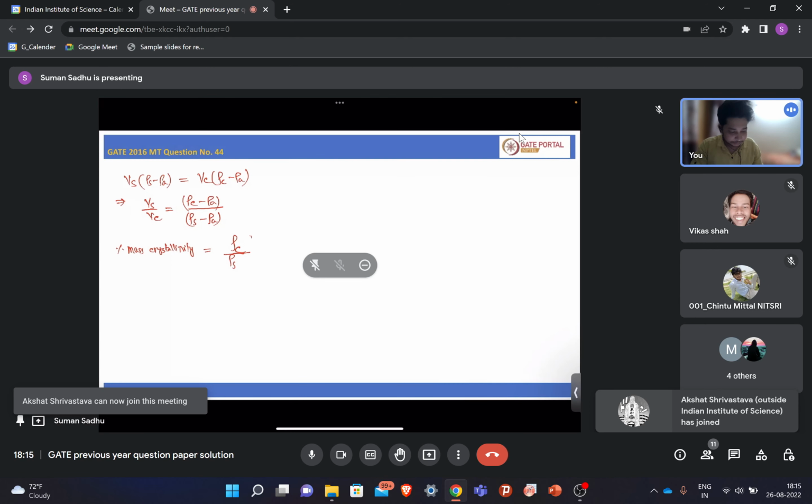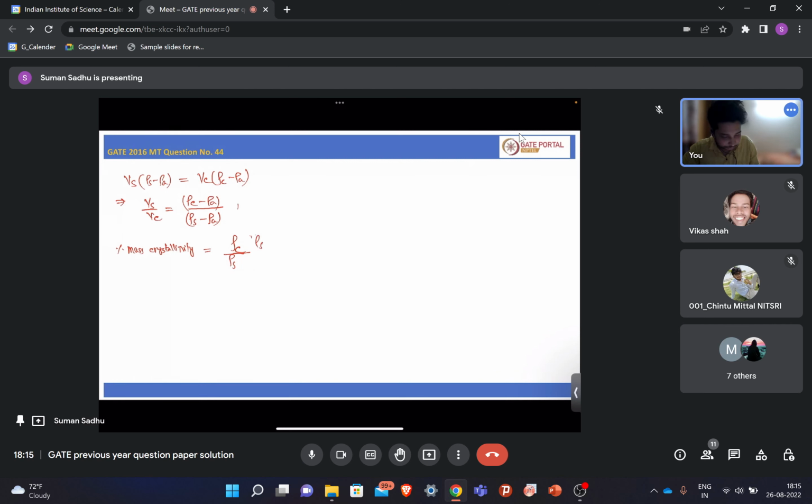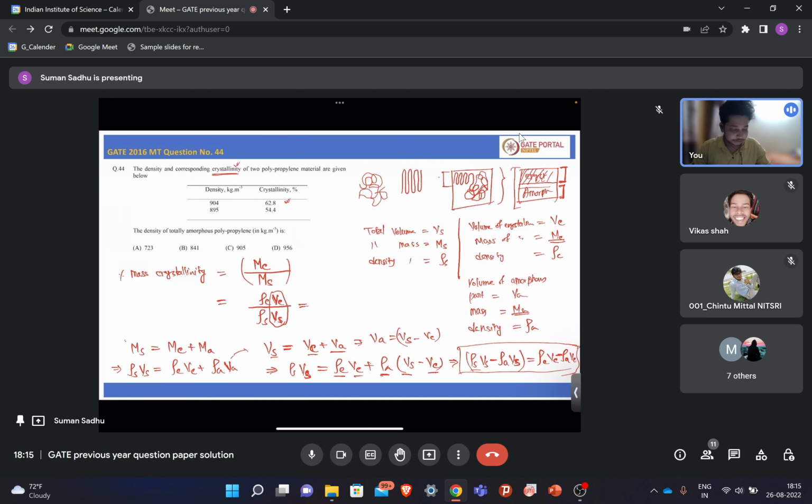The ratio is VC by VS. So VC by VS is the opposite of this ratio. That is, VC by VS is rho S minus rho A divided by rho C minus rho A. So this is the formula for the percentage of mass crystallinity. So we have derived this formula. Now you can understand how this formula is coming.